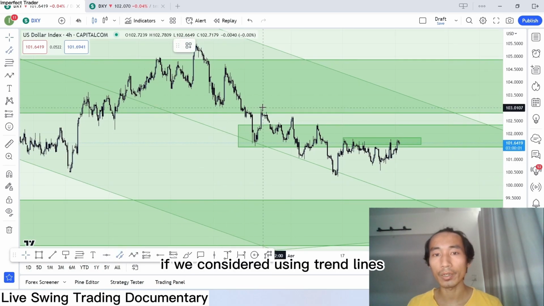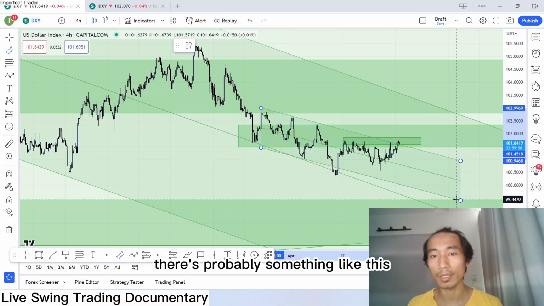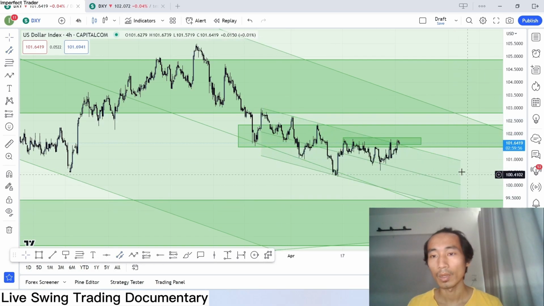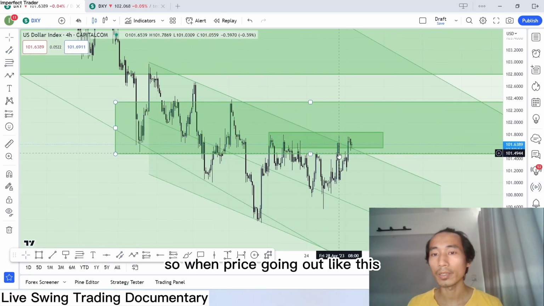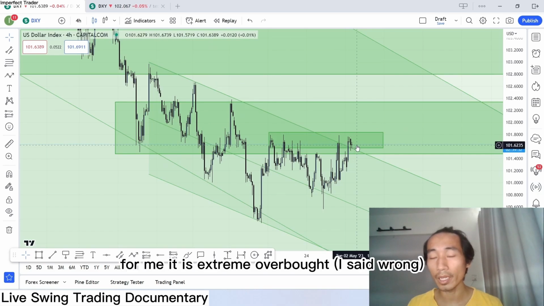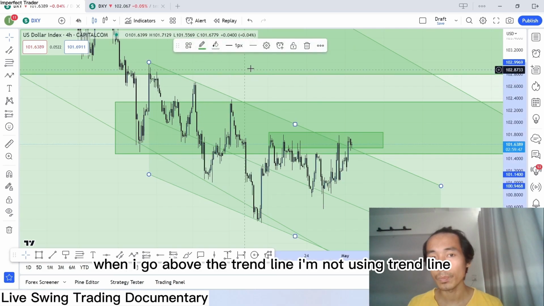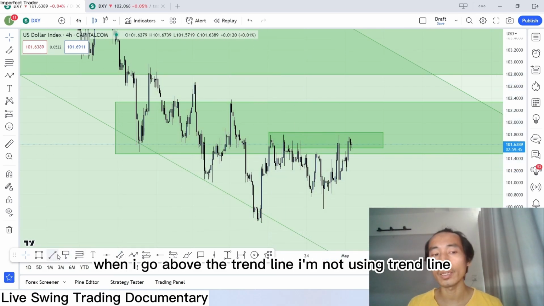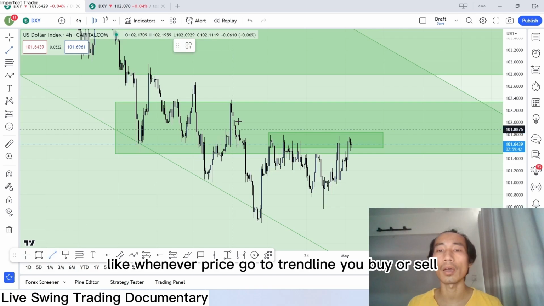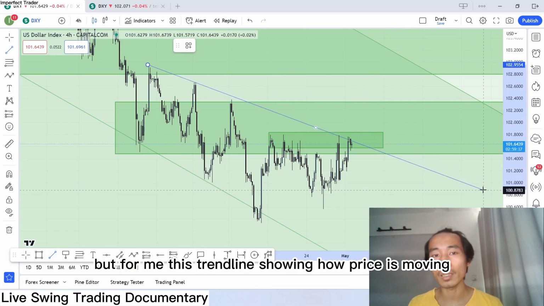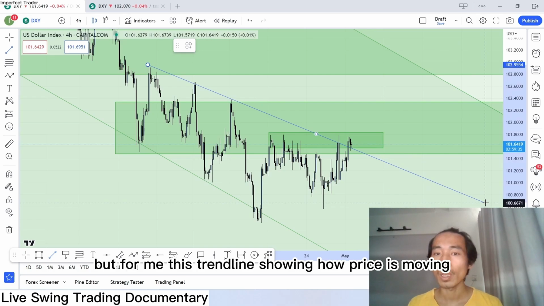If we consider using trend lines, then probably we get something like this. So when price goes out like this, for me it is extreme overbought. When price goes above the trend line, I'm not using the trend line like when price goes to the trend line you buy or you sell. For me the trend line shows how price is moving.